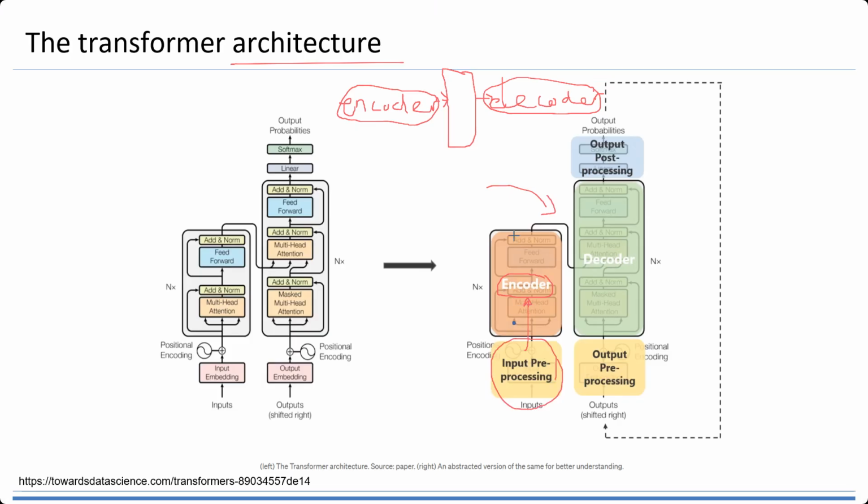And after the encoder, we will feed it into the decoder. Sometimes the output from this one will be used as the input of this decoder, and then we will produce another output. So we learn about this in the sequence to sequence.